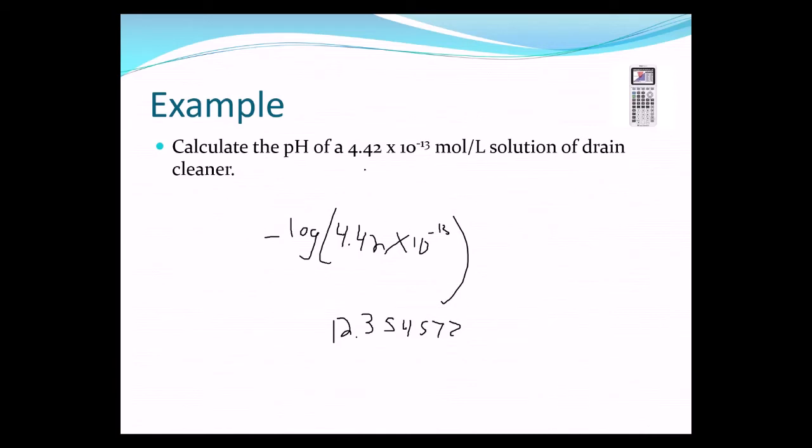This is a regular number, so all of these count. It has 3 sig digs, so we want to give our answer to 3 sig digs as well. Because this is a pH now, the 3 digits after the decimal place are the significant ones. The next digit is a 5, so we'd have to round that up. So we'd want to give 12.356. That would be our answer to 3 sig digs.